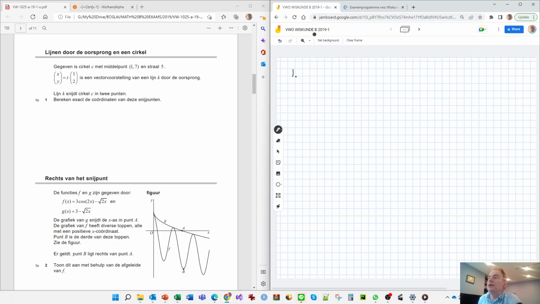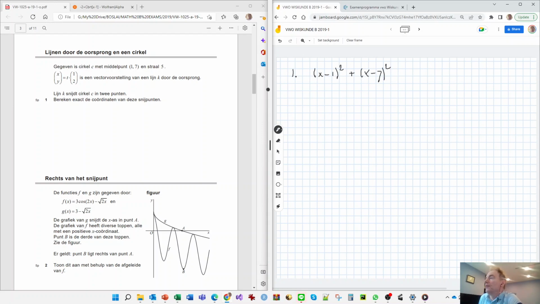So let's apply that. Let's write down what we know. We know the circle. So it has to be x minus 1 squared plus y minus 7 squared equals, the radius squared is 25, and for the line we can very easily convert this into parametric representation.